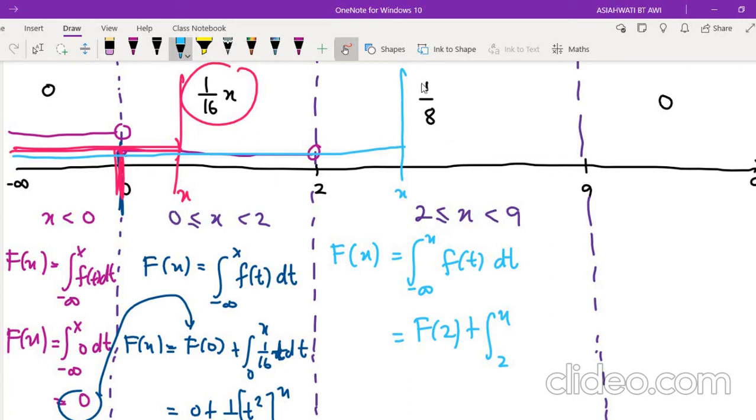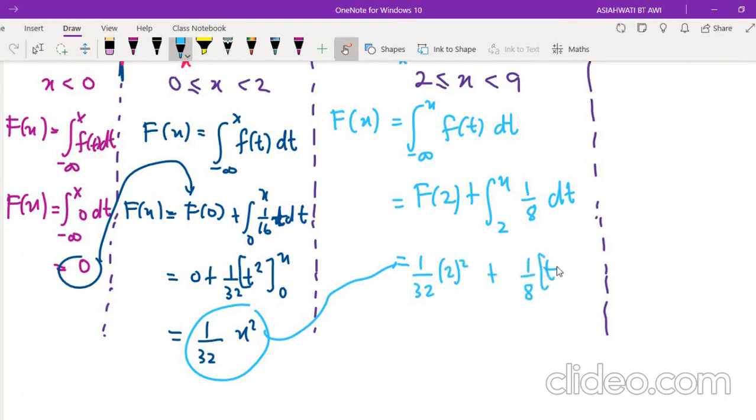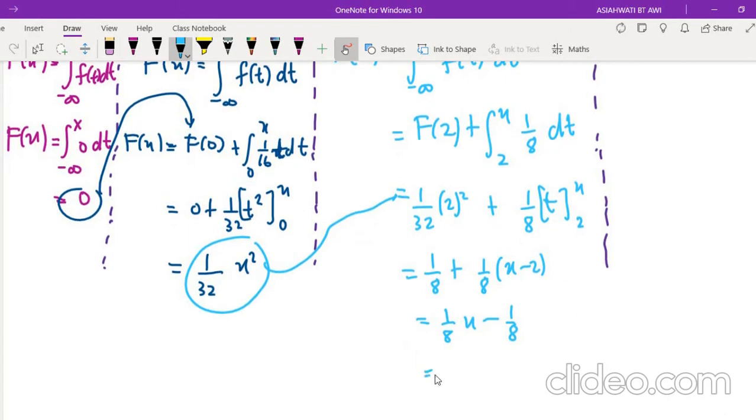Since x lies within this region, take this function, 1 over 8, with respect to t. F of 2 is from here; substitute: 1 over 32 times 2 squared, plus 1 over 8 t with limits from 2 to x. Substitute: 1 over 8 plus 1 over 8 times x minus 2, and simplify: 1 over 8 x minus 1 over 8, which is equal to 1 over 8 times x minus 1.